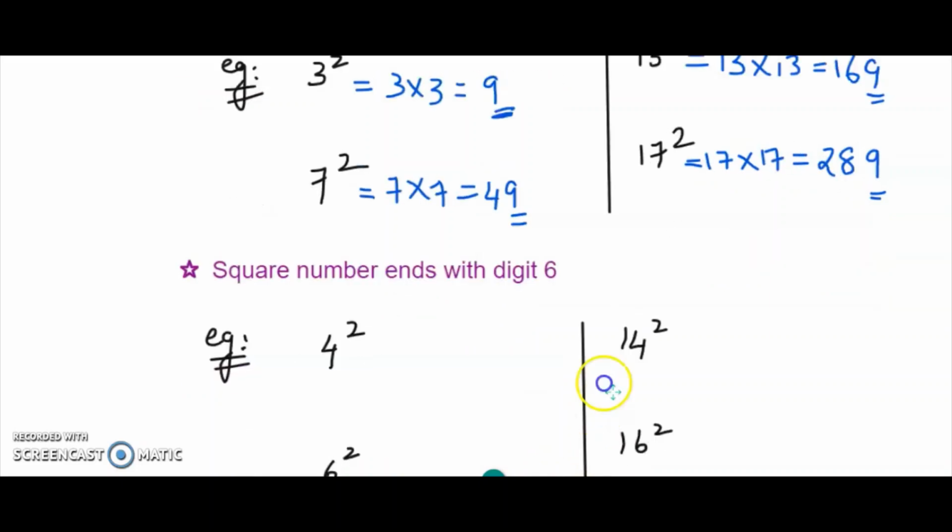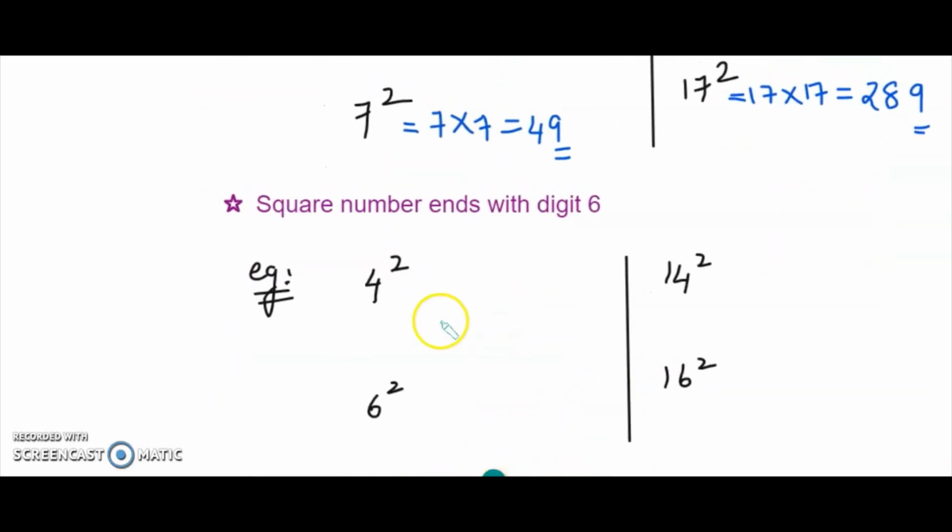Okay, next, square number ends with digit 6. So if the number that we're selecting and going to square ends with 4 or 6, then the perfect square will have digit 6 at its last place or units place.